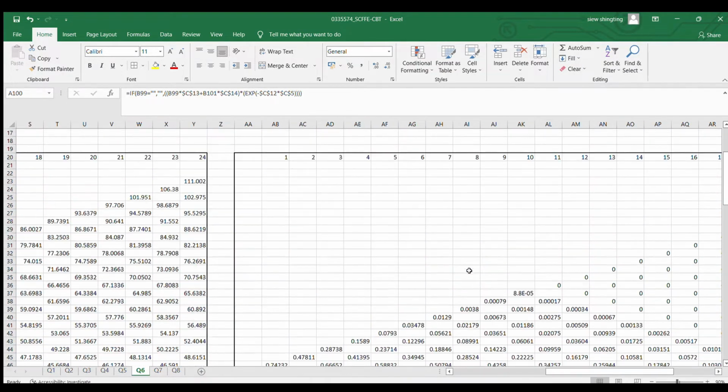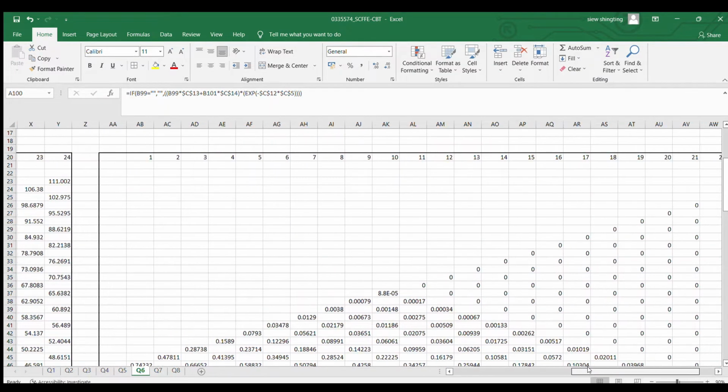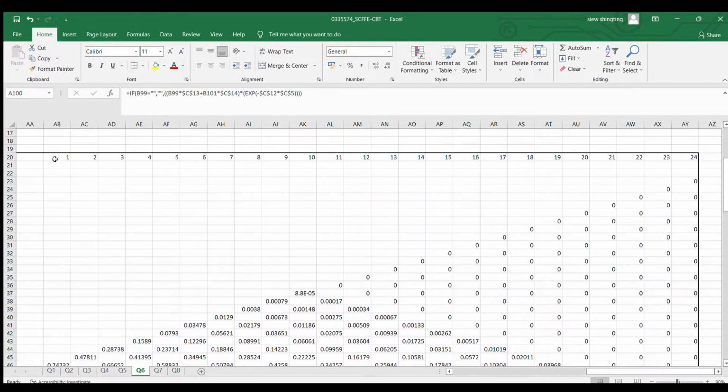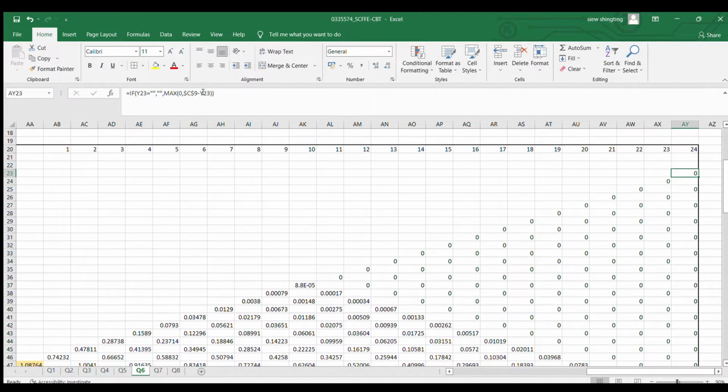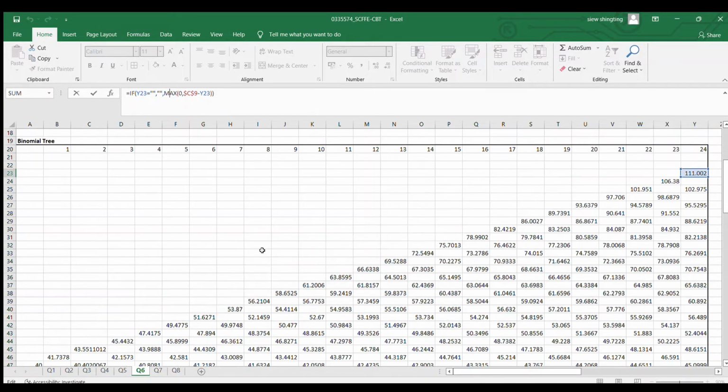After that, for the American put, we also put the same data here from period 1 to 24 and calculate from the backside first. So we just use the same formula. Here is Y23, the period of 24 from binomial 3, the last one, and set the maximum of 0 and C9 minus Y23.